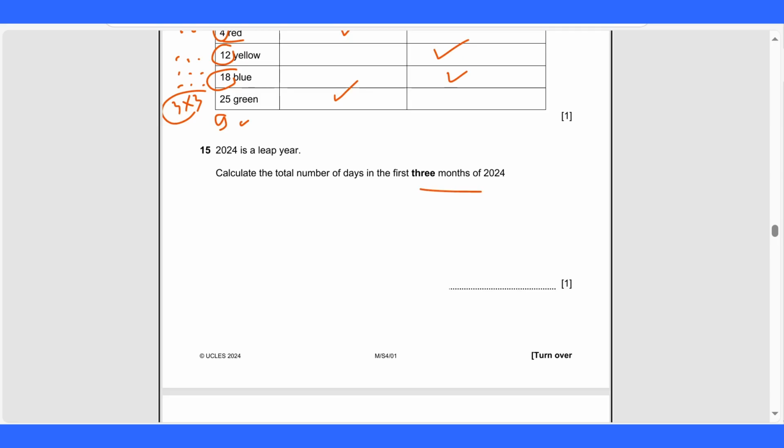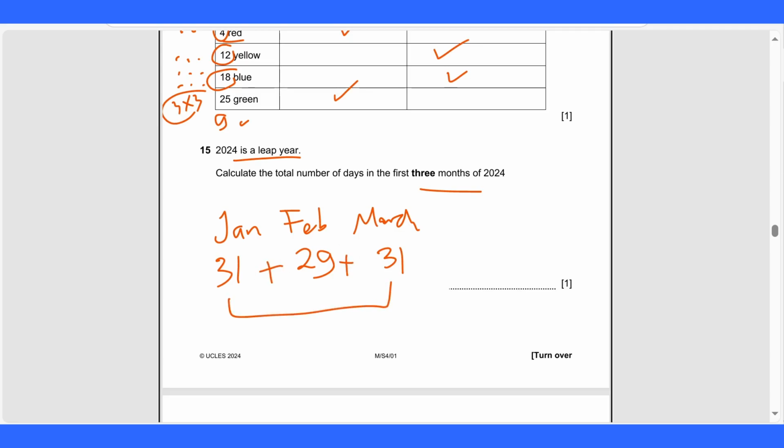So the first 3 months will be Jan, Feb, and March. Since it's a leap year, there are 29 days for February, and there are always 31 days for January. For March it is always 31. So if we add this up, we'll get altogether 91. So that should be the only answer.